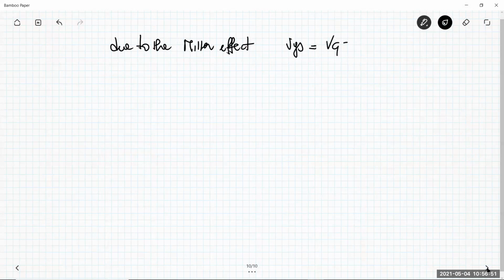Let me put this as VGS IP, constant. Because we have a large capacitor that holds the voltage across the gate source port to be more or less constant. Let me just redraw the circuits here to avoid going back and forth between slides.